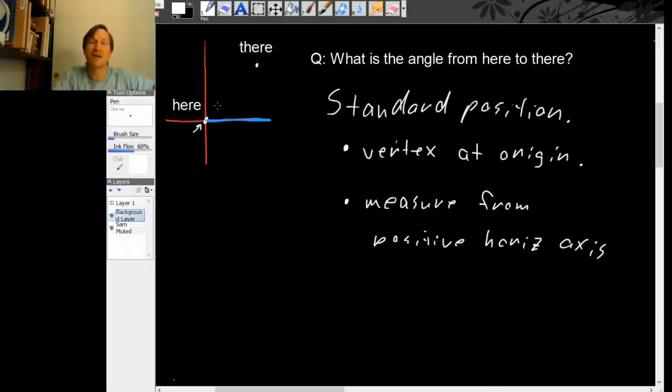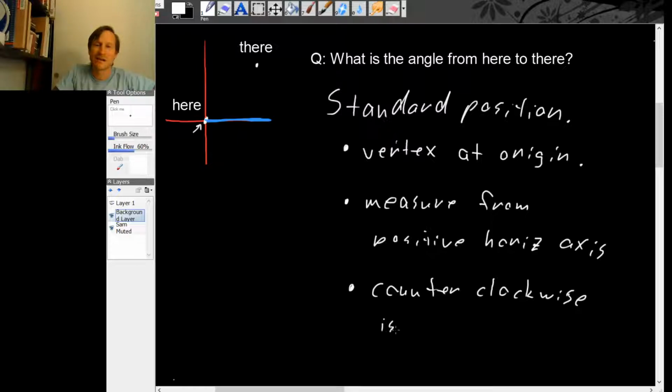And now we have to decide which way we are going to measure angles, clockwise or counterclockwise. And the answer is, in mathematical contexts, always counterclockwise. So always measure counterclockwise. Well, almost always, as you'll see. So counterclockwise will be the positive direction for our angles.